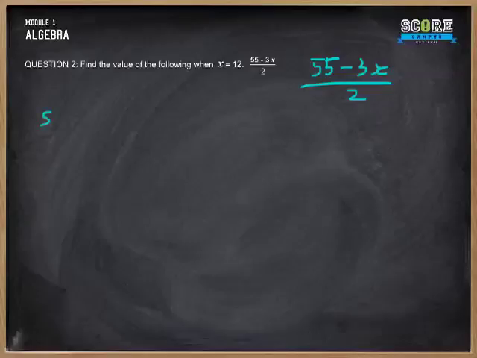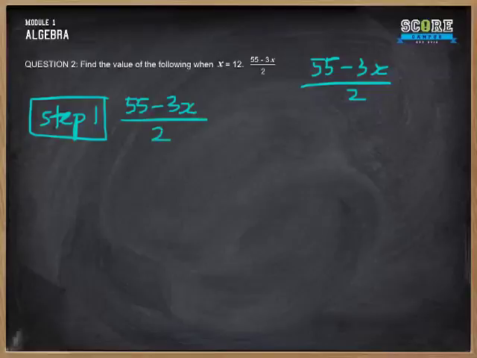So step 1, 55 minus 3x over 2. We substitute the x. So it's 55 minus 3 times 12, put the x in, 3 times 12, over 2.